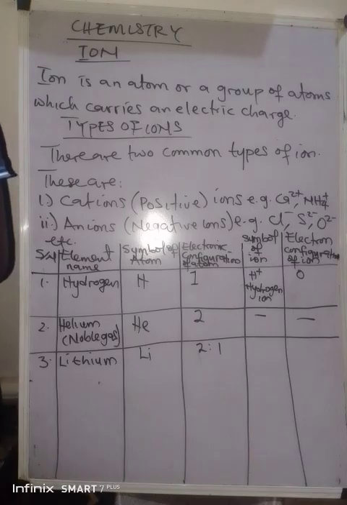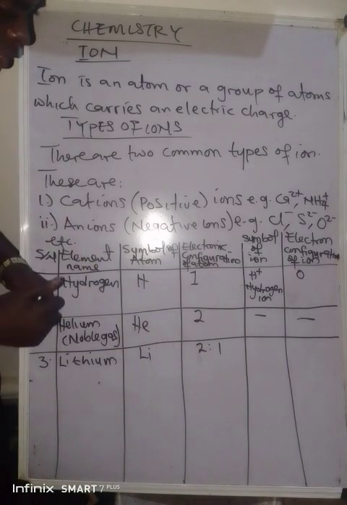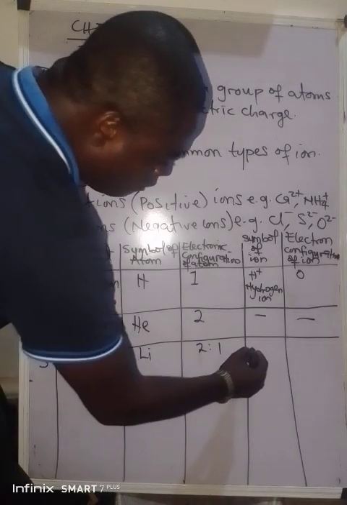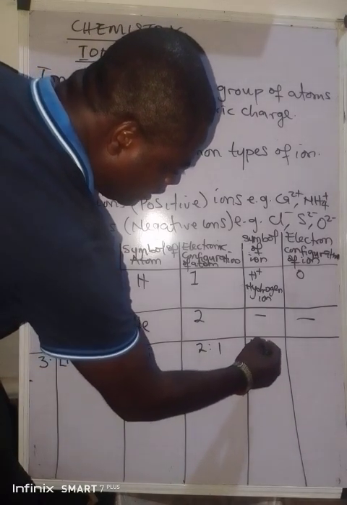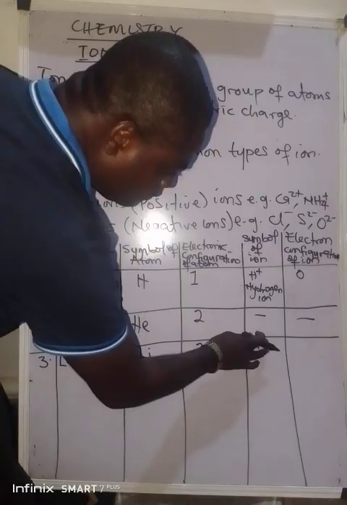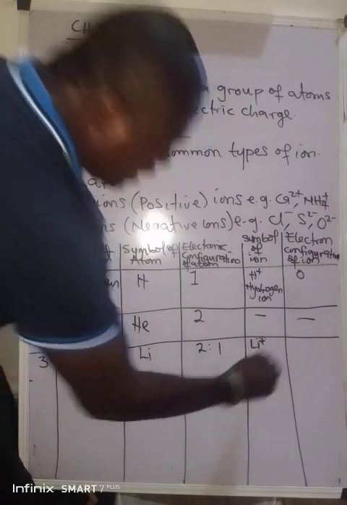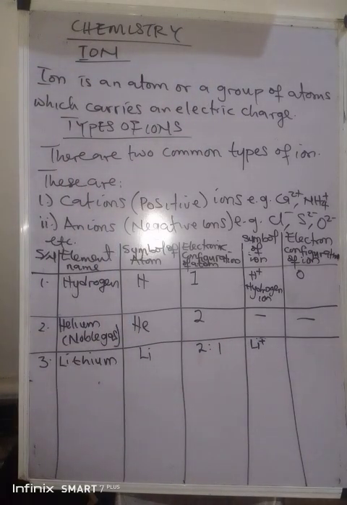Are we together now? So when it loses it, the symbol of the ion will now become Li raised to power plus. Li plus. What does that plus mean? It loses 1 electron.